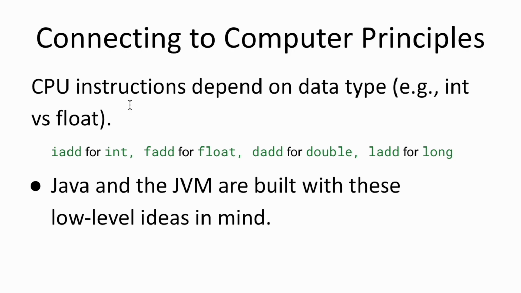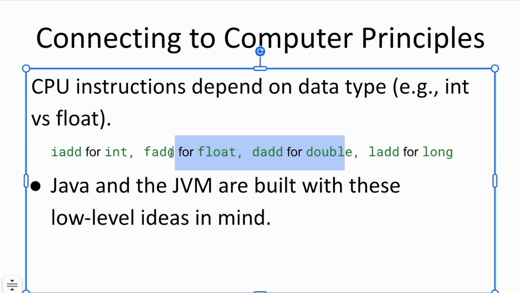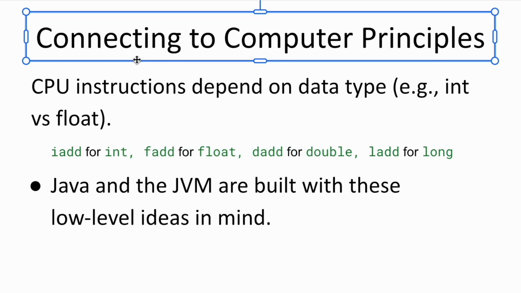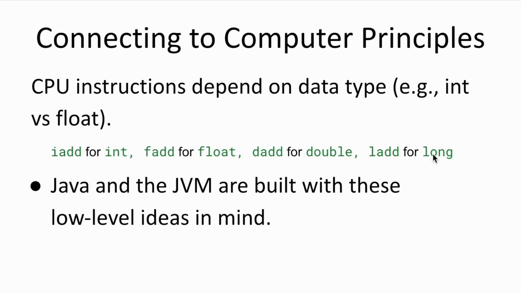The CPU chooses different operations depending on the type of data. This is the instruction set the CPU would use to operate on different data based on data types.